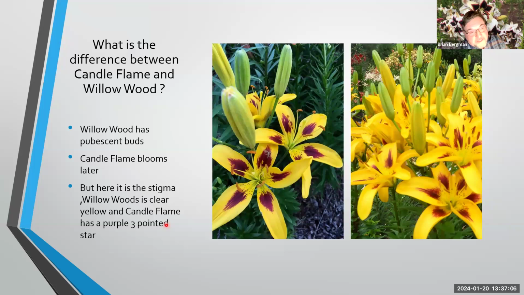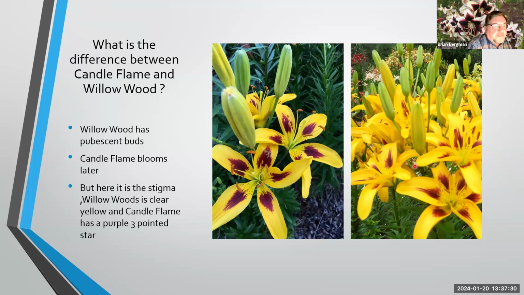And then here we're getting some more. We have Candle Flame and Willowwood. What is the difference? They're very similar looking, but you have to look at the details. Willowwood, look at that bud. It has that hairy, pubescent bud. Candle Flame blooms later, and it has clear buds.